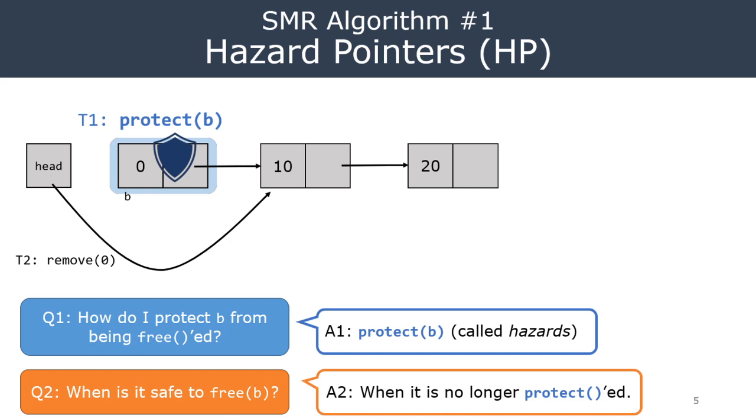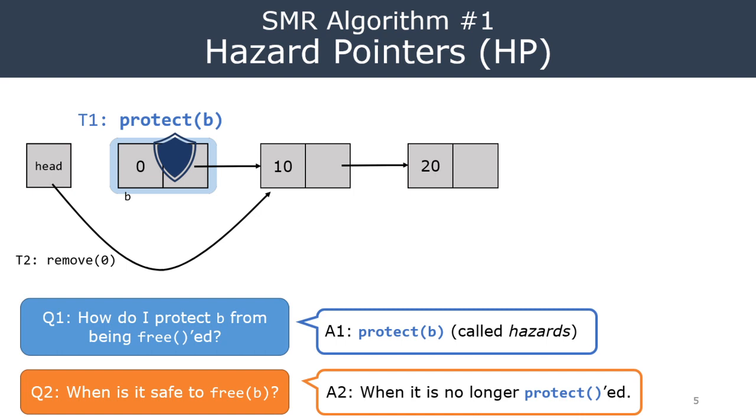If you want to traverse to the next block, you have to dereference the block B. But before that, T1 needs to protect the same block just before dereferencing it. That's the reason why it is protected before accessing the next node.